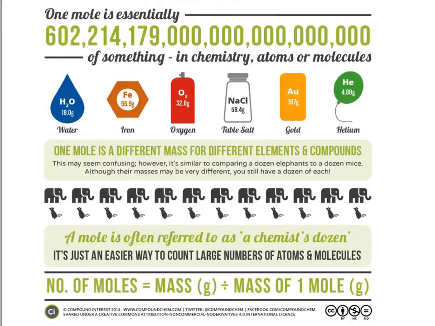In future lessons, we will do calculations to find the number of moles using the mass and the molar mass, as we'll call it, but also using Avogadro's constant given above.